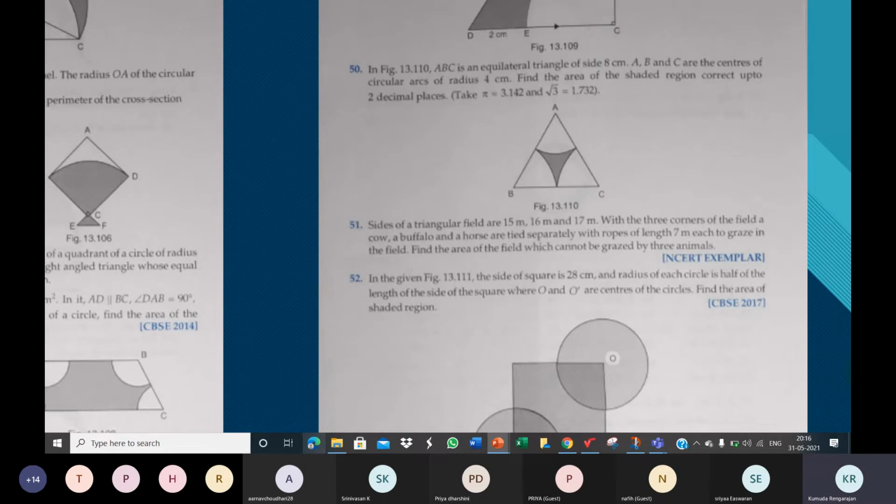If you call the quadrilateral PQRS, the total area of the four sectors will be, somebody tell me, how will you find the area of the four sectors together?